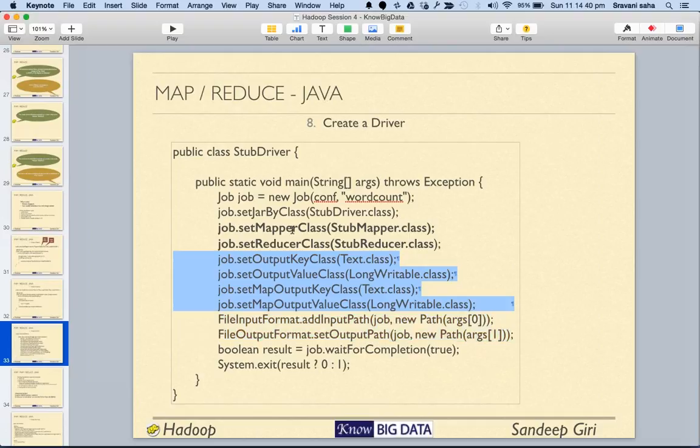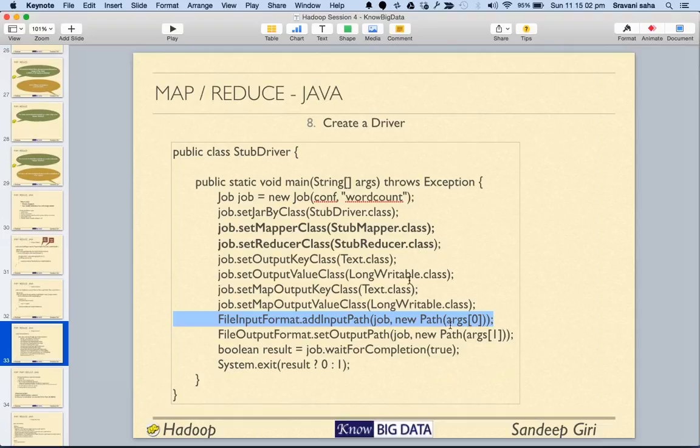Now we need to provide the input data to our mapper and reducer. We provide that using something called addInputPath. To the job we are adding input directories, and here the input path is whatever we provide as an argument to our program.